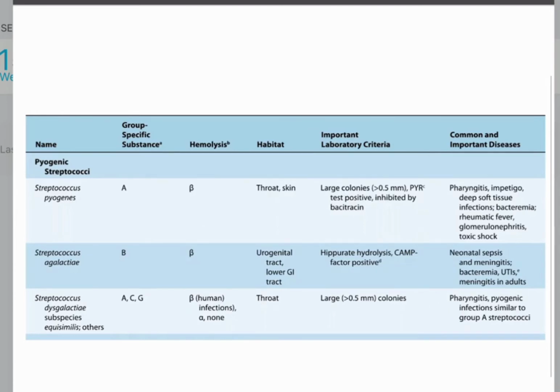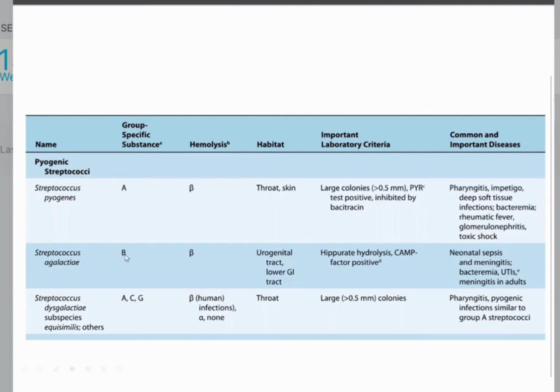So there are three major groups of beta hemolytic streptococci. One is group A streptococcus, its short form is GAS or gas. The scientific name is Streptococcus pyogenes.